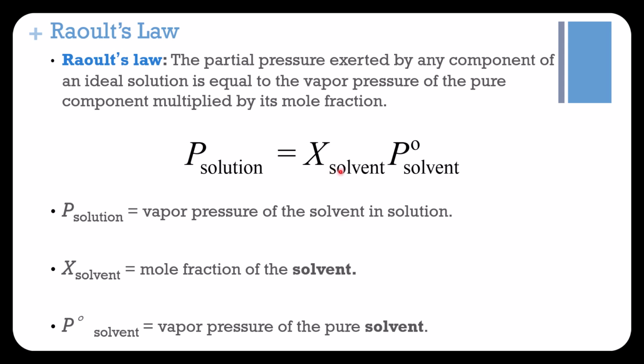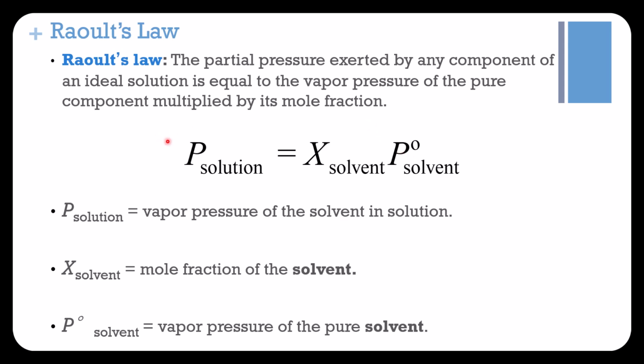Okay. Vapor pressure of the solvent, this kind of degree symbol means we're using that standard that's given. So the vapor pressure for a solvent is always something that's going to be given. That's a standard. Those are well-known values, very much experimented, determined, and put into a table. So that's going to be the value that's given.